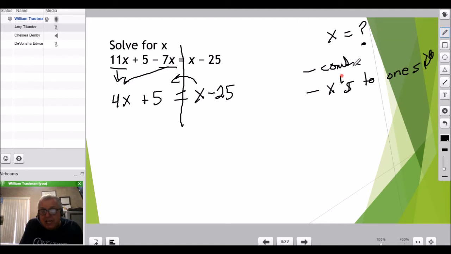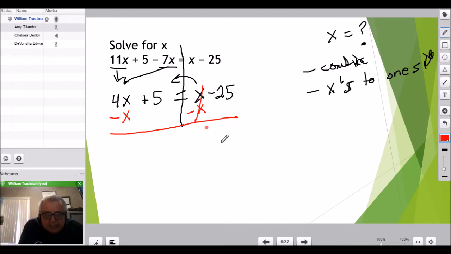And the step in the video says take x's to one side using add and subtract. This is a positive x. The only way to get it to the other side is subtract x. X minus x is 0. So I'm left with a negative 25 on this side. The 5 stays here, but 4x minus x.